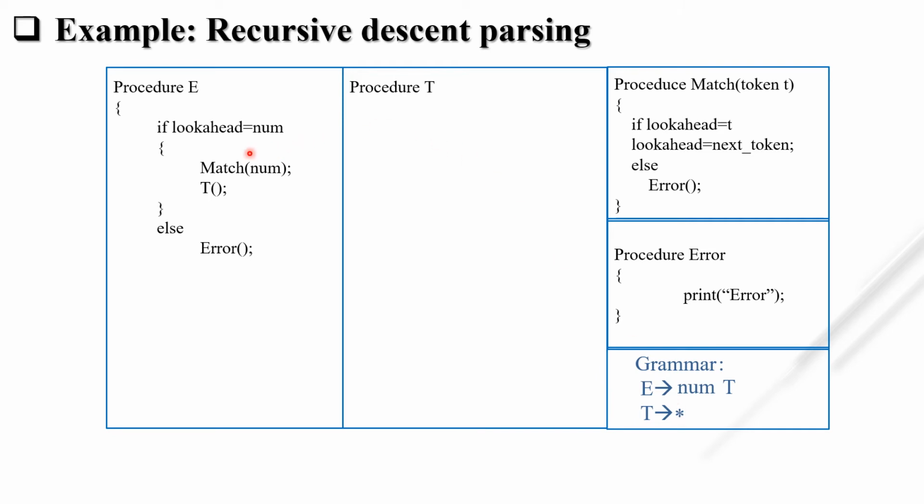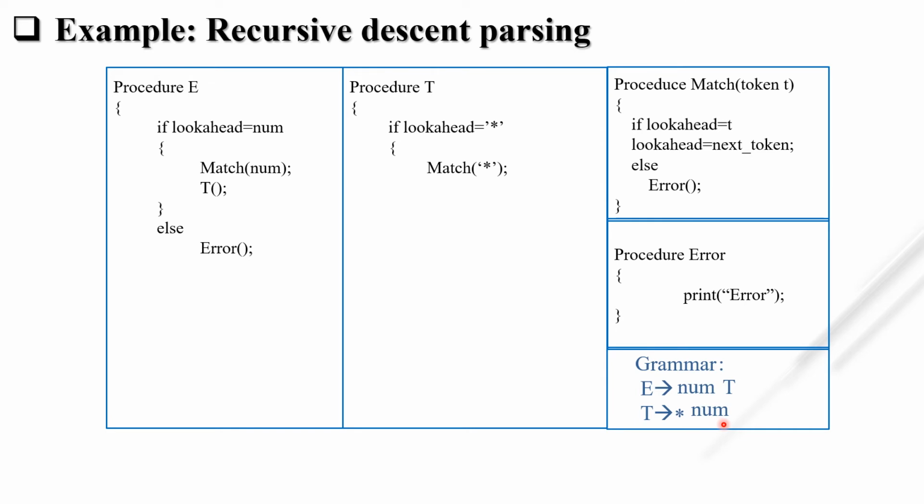As I said, we simply write if lookahead equal to star. According to the grammar we have to go step by step, for each non-terminal or terminal creating a procedure or lookahead check. Similarly, we write if lookahead equal to star, then match star by calling the match procedure. If it is matched with the input symbol, then it's okay, otherwise we check for the next symbol.